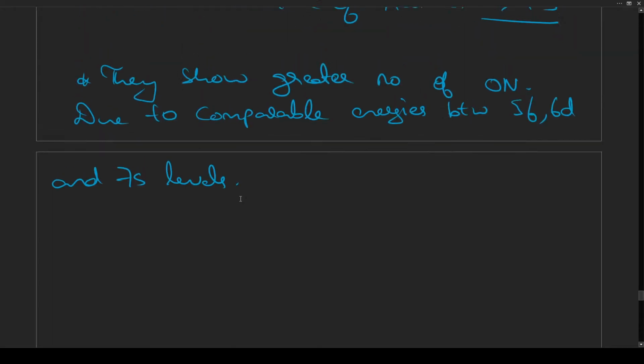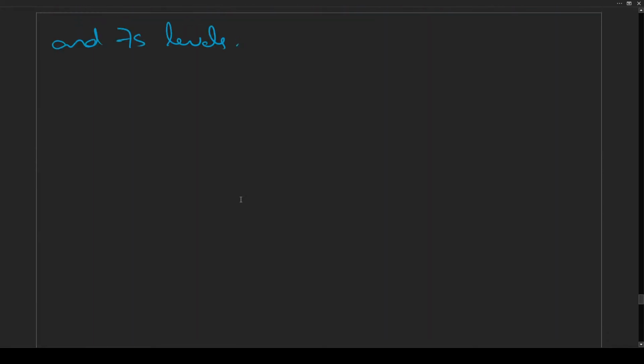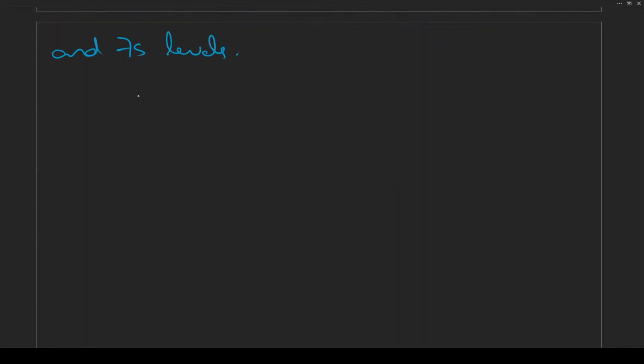They show not only plus 3, which is a common one, but oxidation states can be plus 3, plus 4, plus 5, plus 6, and even plus 7.